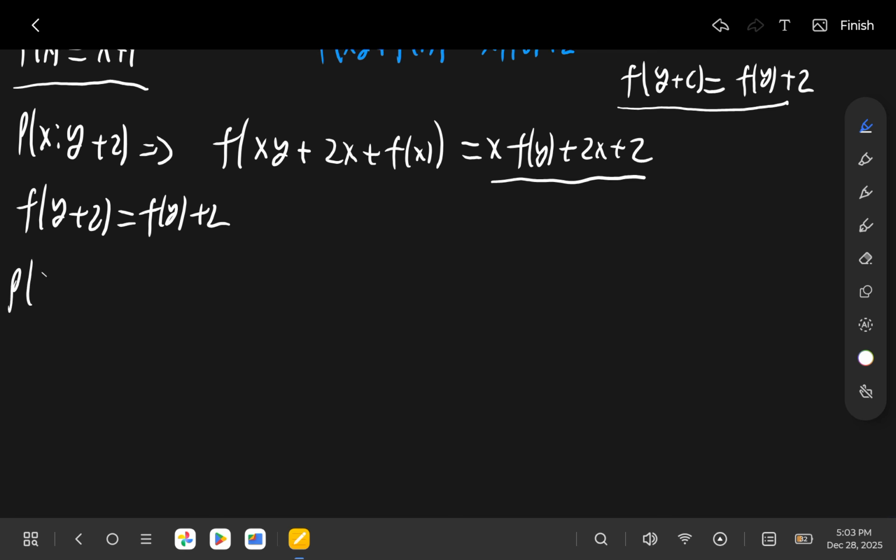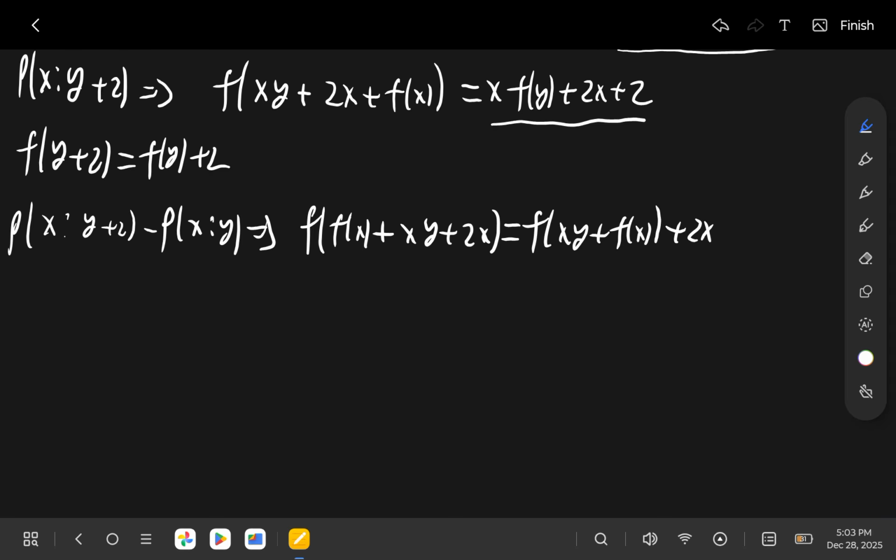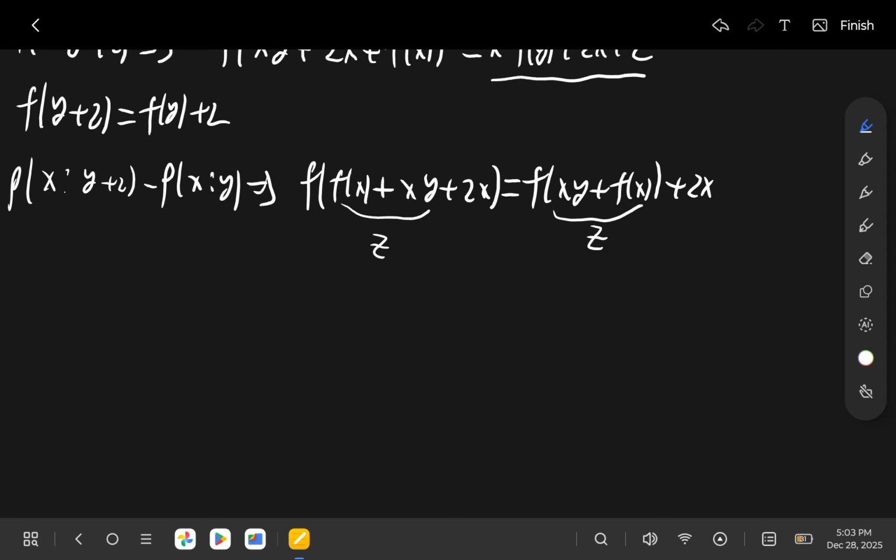And if we subtract this and this, we get that f(x + xy + 2x) equals f(xy) + f(x) + 2x. So we see that these two are the same here. So we can choose y such that xy + f(x) could be equal to anything.